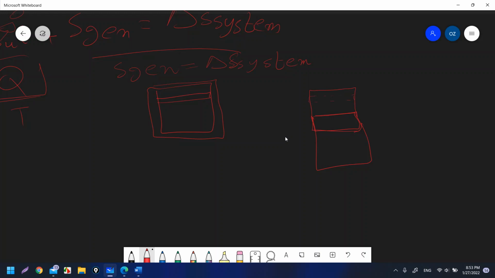So the volume changed. Now the volume is larger. Maybe it will be a compression process. The piston was here, and after the process it became down. So the volume that was V1, and now that is V2. Here that was V1, and now that is V2.